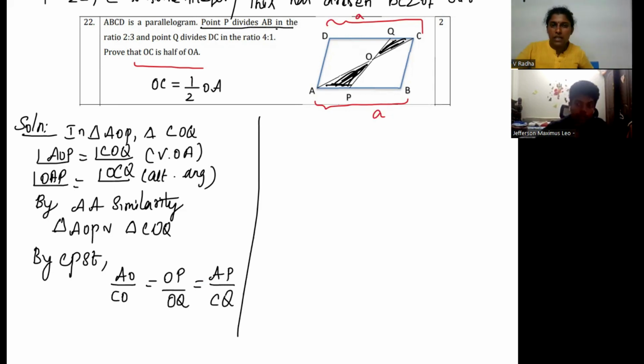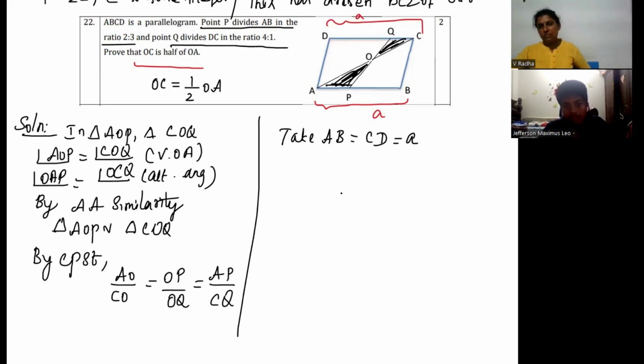Point P divides AB in the ratio 2:3 and Q divides DC in the ratio 4:1. In the parallelogram, AB is equal to CD is equal to some value A. So P divides AB in the ratio 2:3, that means AP is 2x and BP is 3x.